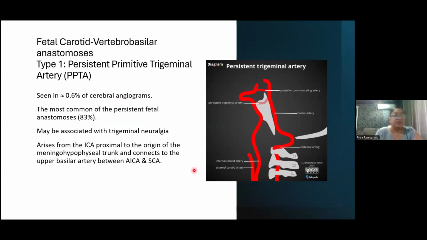It can be associated with trigeminal neuralgia. Of note, for those of us who are very interested in neuro, the characteristic toe sign or trident sign is what we're going to see on CTA, MRA or MRI. Why is it important? The PPTA has related pathology; there's also an association with intracranial aneurysms and vascular malformations.